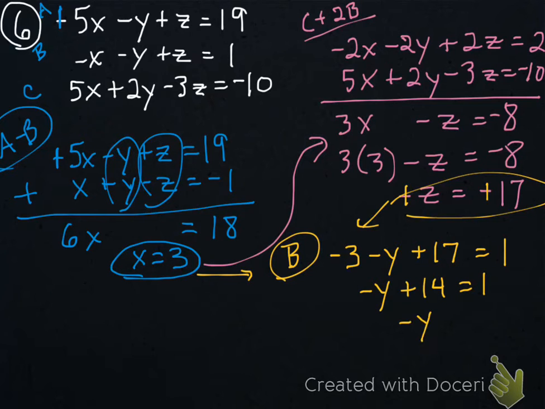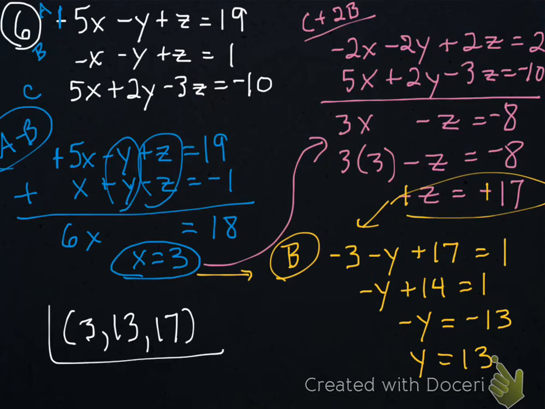Move the 14 over, I have negative y equals negative 13. So y equals positive 13. Now let's write this as a coordinate, x, y, and z. X is 3, y is 13, z is 17. And this is the solution for this system of equations.